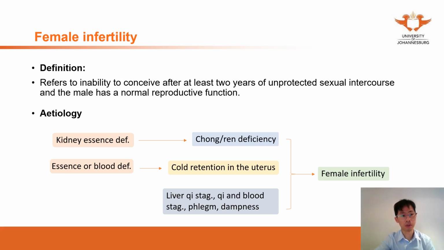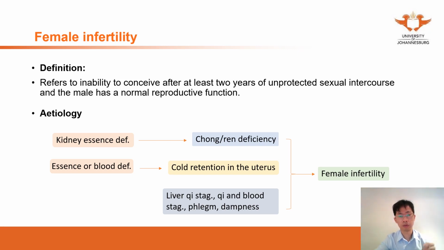If a patient presents with irregular menstruation, your first aim must be to regulate the menstruation in terms of the period, the cycle, the volume, and properties such as the color and clots. These can help you identify the condition of the uterus.